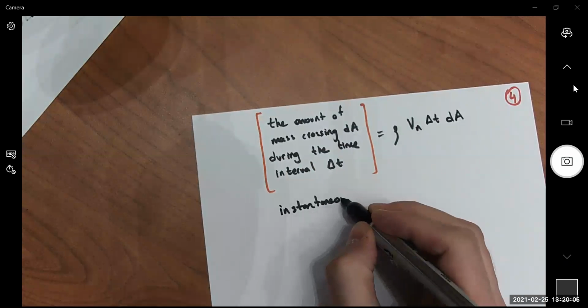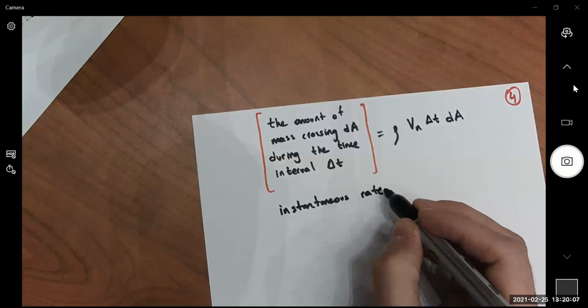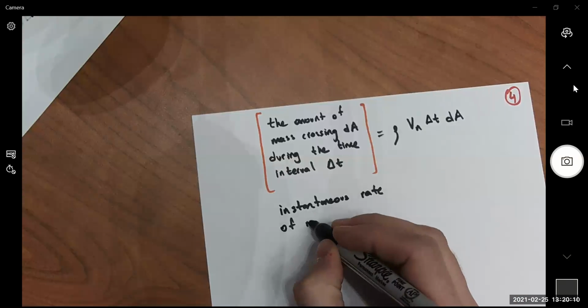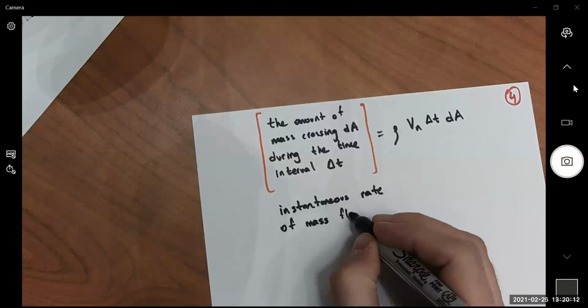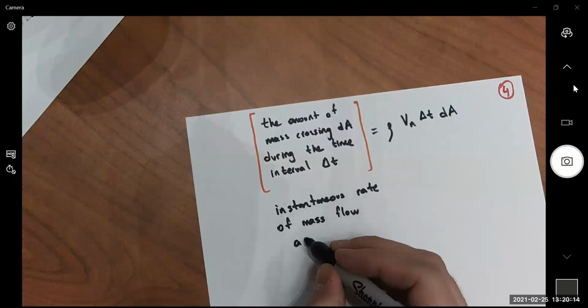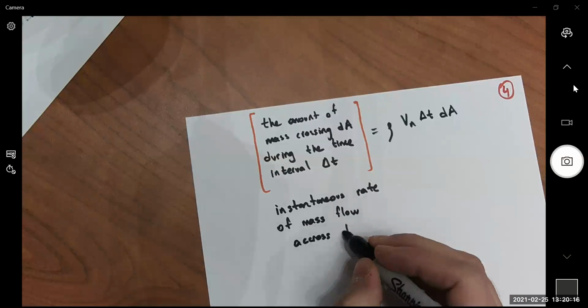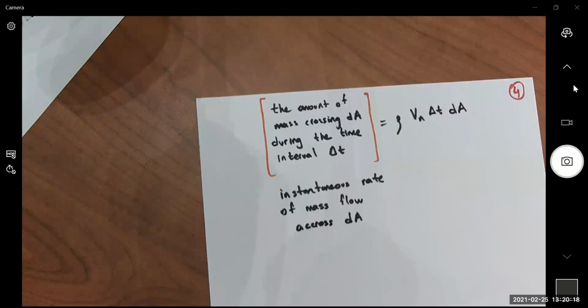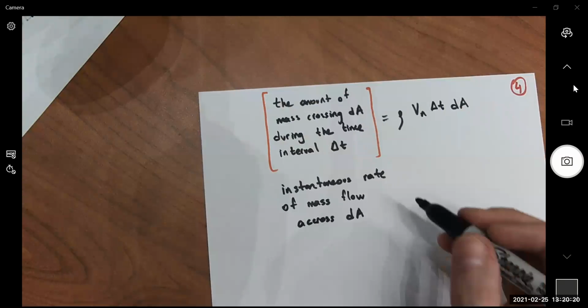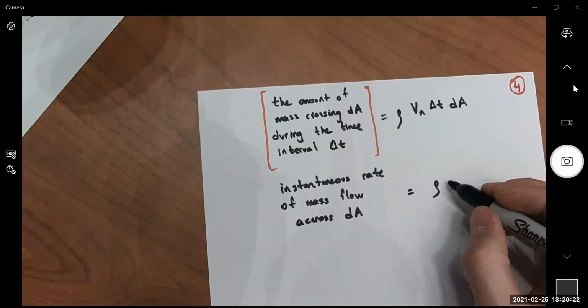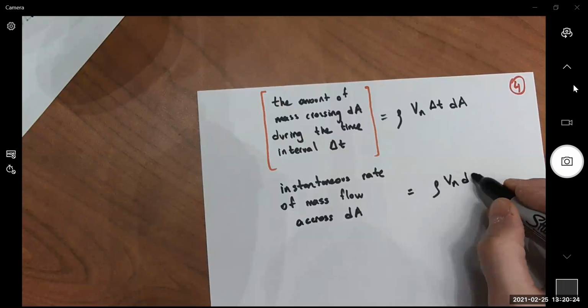Instantaneous rate of mass flow across the dA increment, just a small area, will be equal to rho Vn dA.